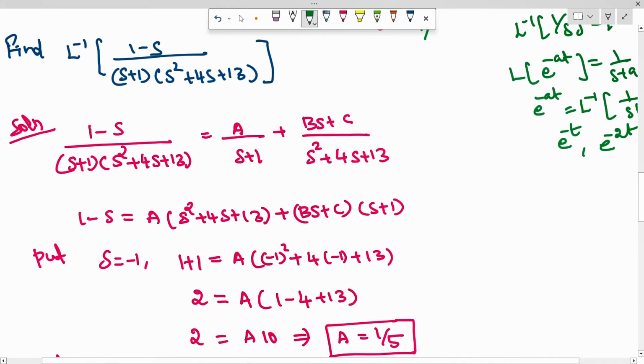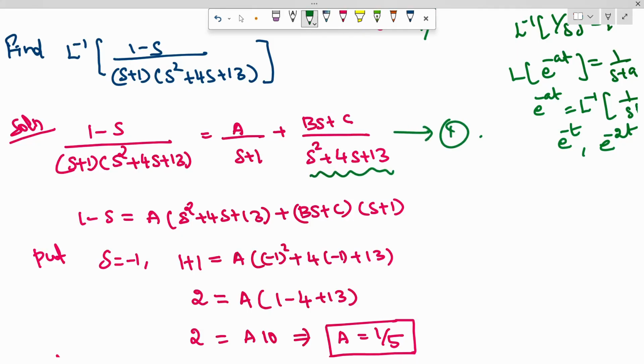F of s is 1 minus s by s plus 1 into s square plus 4s plus 13 equal to, we can write A by s plus 1 plus Bs plus C divided by s square plus 4s plus 13, equation number 1.